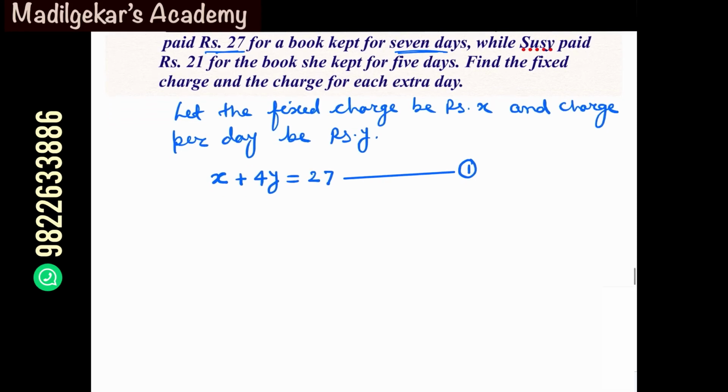Second, Susie paid rupees 21 for 5 days, out of which 3 days are fixed. So it is X plus extra 2 days, means X plus 2Y equals 21. This is the second equation. Again here in both the equations X terms are the same, we will cancel them out by subtracting.